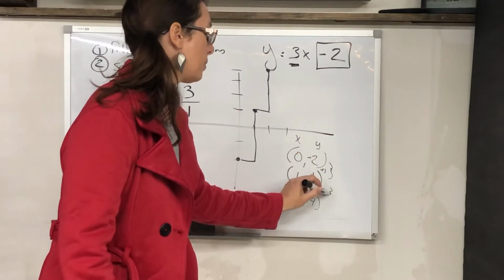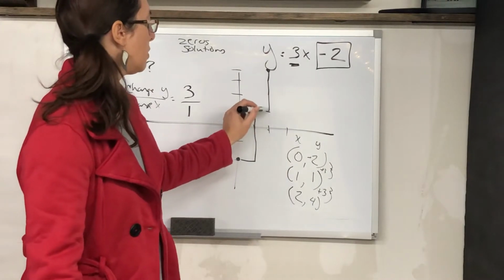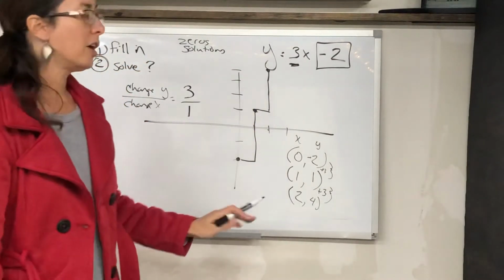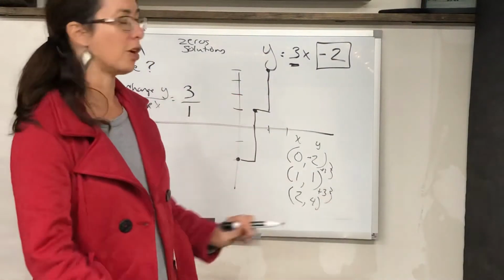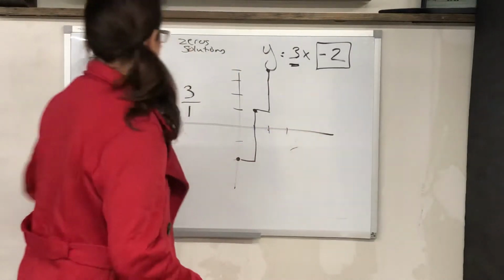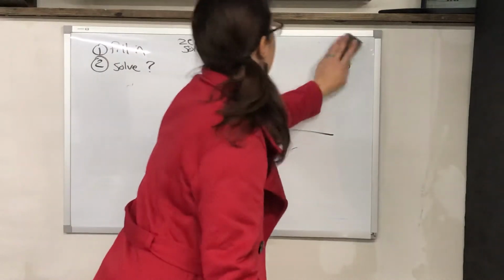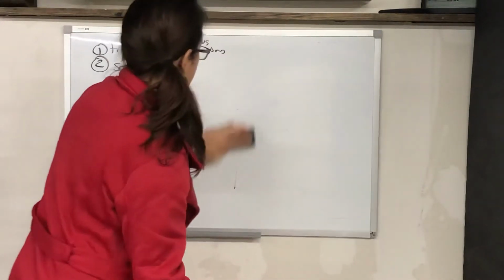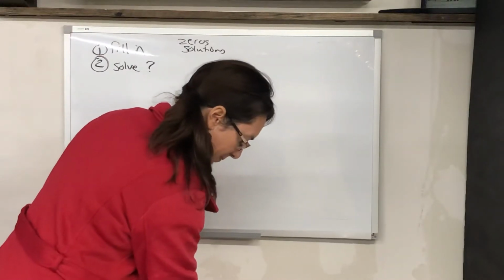As we move forward, we have (2, 4). Did we get (2, 4)? 1, 2, 3, 4. Yes. So our table confirms what we did without actually solving and getting some answers. Lots of information in a little space.